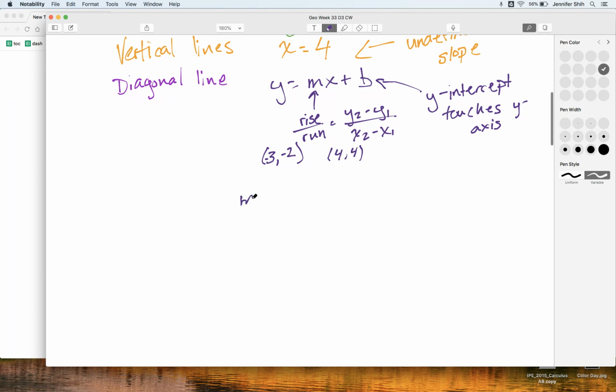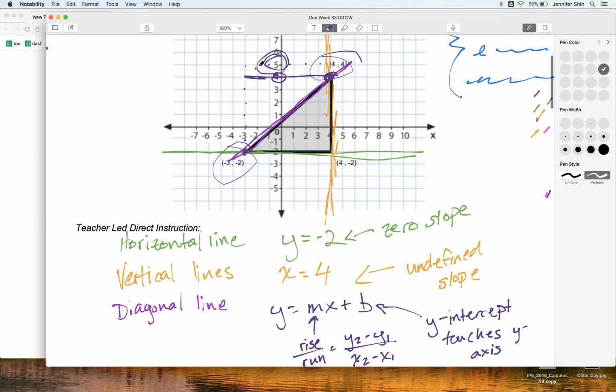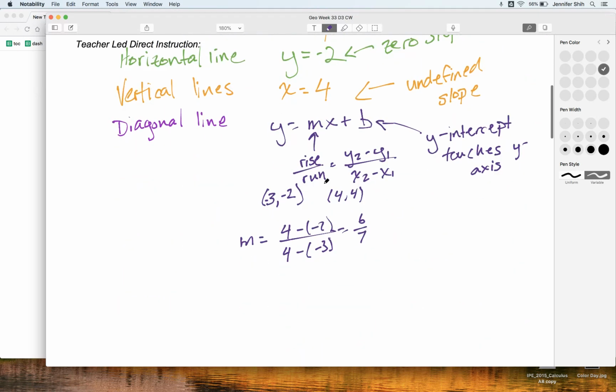All right, so slope, denoted by m, is, I'll pick this one as my x2, y2, y2 minus y1 over x2 minus x1. So this becomes 6 over 7. So my slope is 6 over 7. And yes, if I count, the rise is 6 and the run is 7.